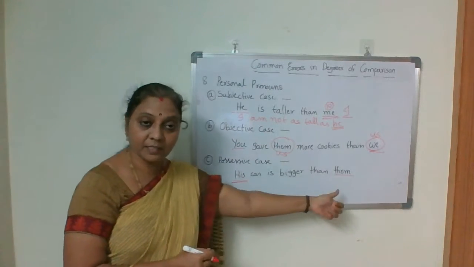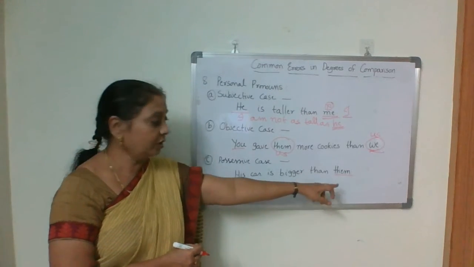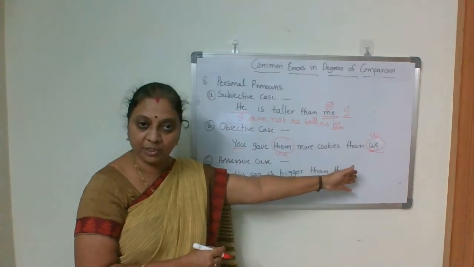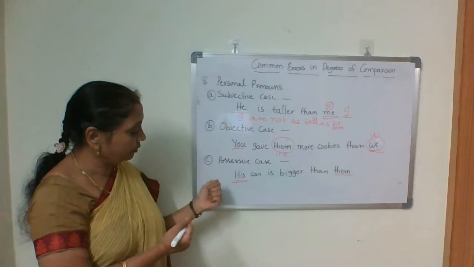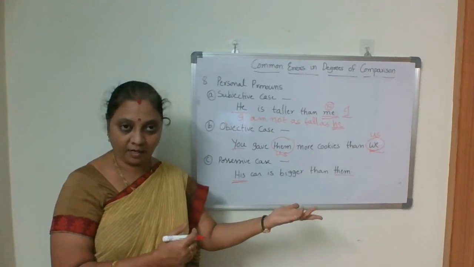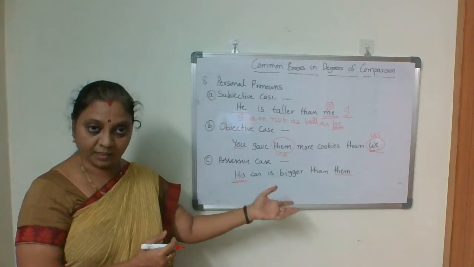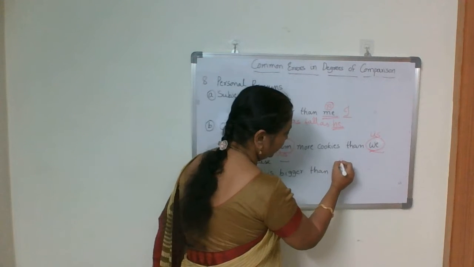Then the comparison must be in the possessive case only, not one possessive case and one objective case. So how do you have to say it? His car is bigger than their car. Instead of their car, you can go for the pronoun theirs, that is the possessive form.